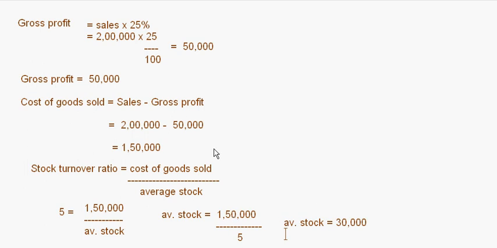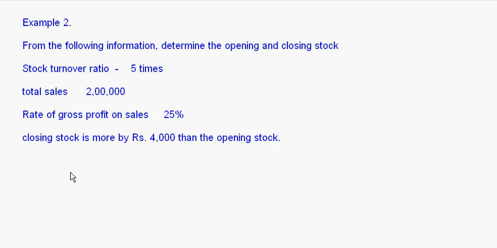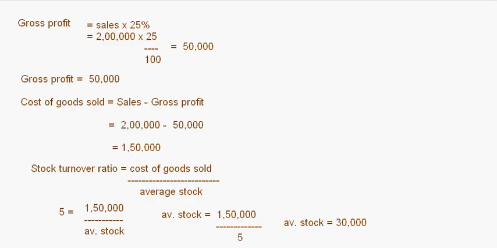Clear? Now after this, now again see here, closing stock is more by rupees 4,000 than the opening stock. Now I come to this line, right? Now we have been given that the closing stock is more by 4,000 than the opening stock. So we will write, let the opening stock be X. So the closing stock will be X plus 4,000, right?